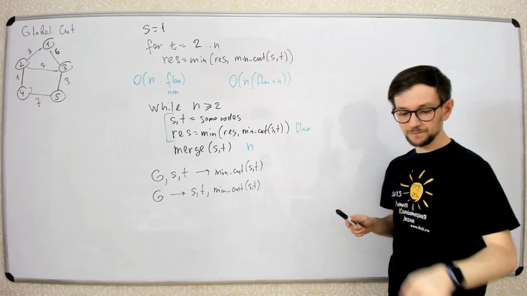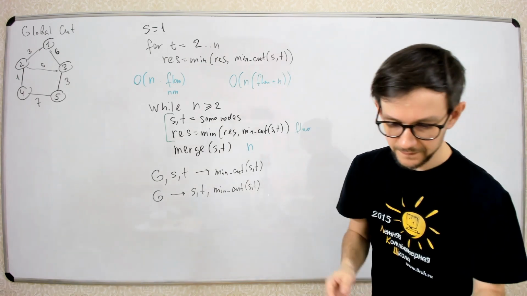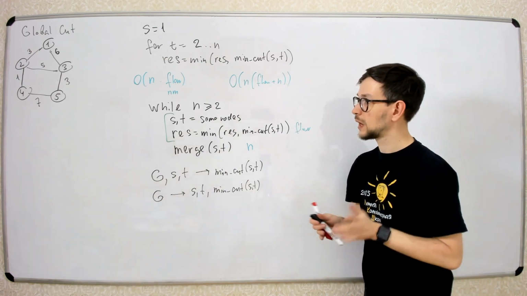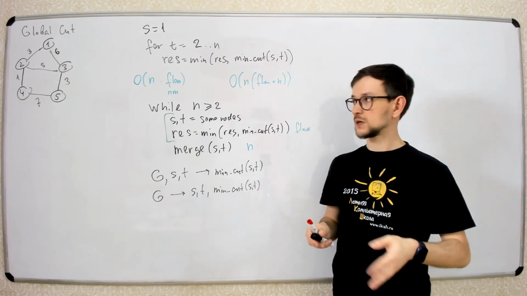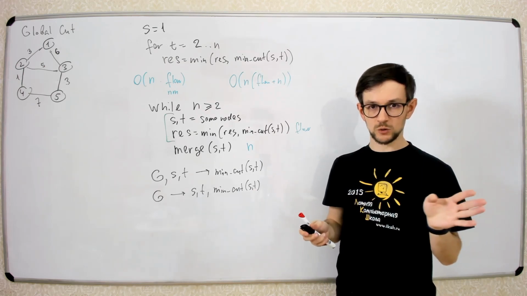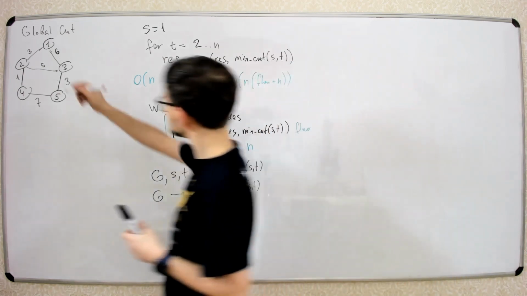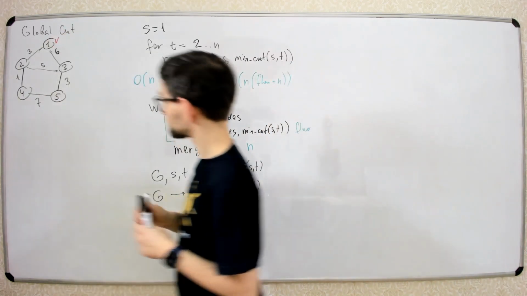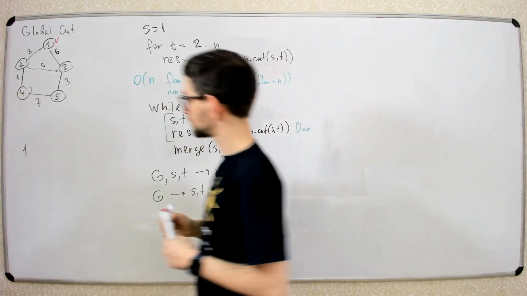We will mark some nodes in a specific order. Let's start from any node. Let's take any node of the graph and mark it. Let's put it here. So first we select node 1.